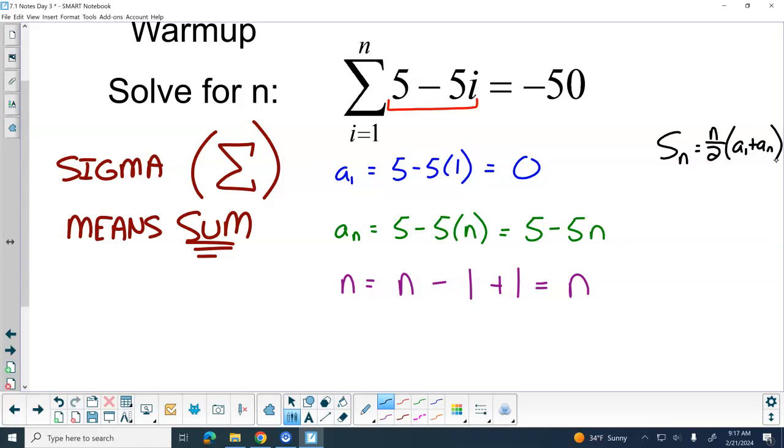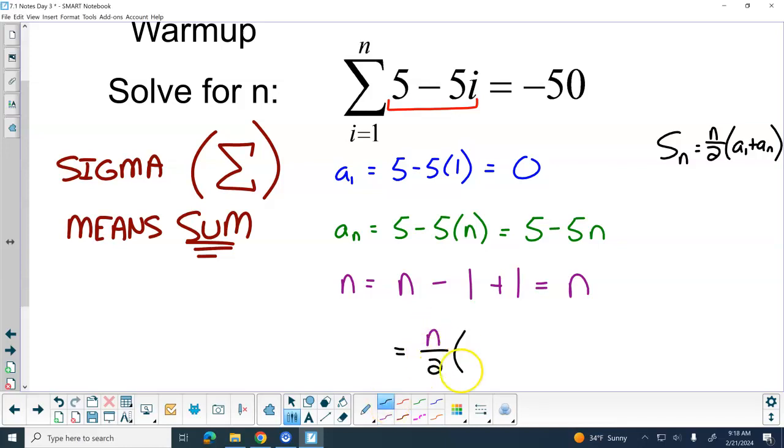My question to you now is, how many total terms does this series have? We literally just found it. It's n total terms. It's one of the 3 things that we had to find.